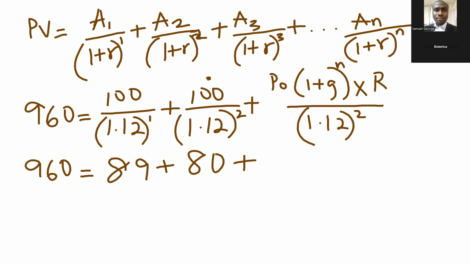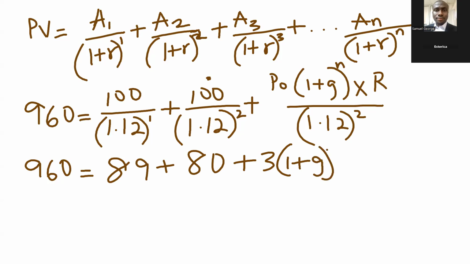P0 is the current share price in the question, which is 3 naira. Please remember the question we are solving is November 2016, question 2. So this is question 2B. Okay, 3 naira. What is 1 plus growth rate is what we are looking for. We don't have it.